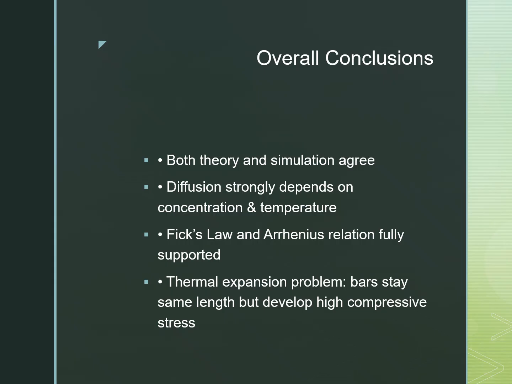In the diffusion simulations, I observed that both concentration gradient and temperature strongly influence diffusion, and my results matched the theory behind Fick's law and the Arrhenius temperature dependence of the diffusion coefficient. Overall, both parts of the assignment demonstrated how temperature affects materials at the atomic level, whether we're talking about stress in solids or the movement of atoms in gases or liquids.